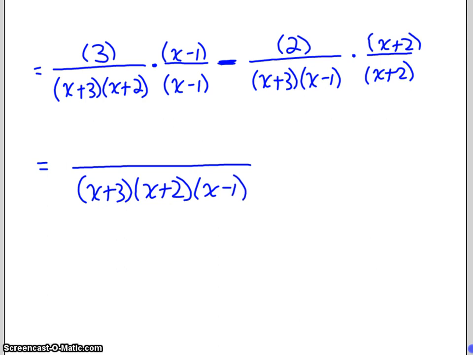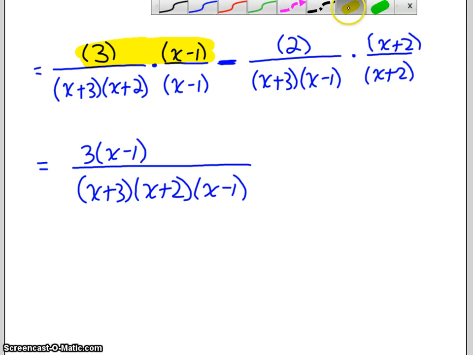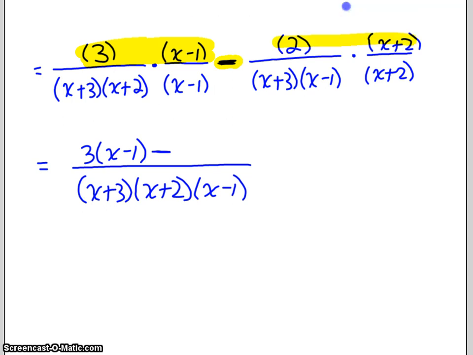The numerator from the first fraction becomes 3 times x minus 1. Now bring down the minus sign and put it in the numerator, minus 2 times x plus 2.